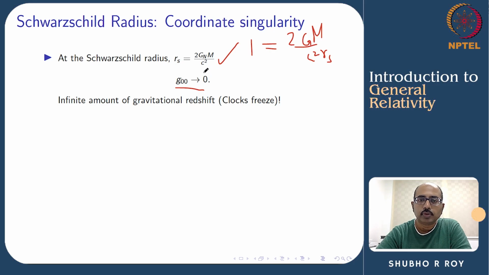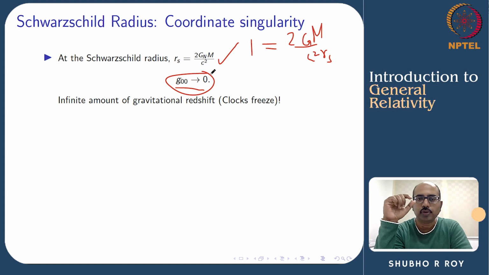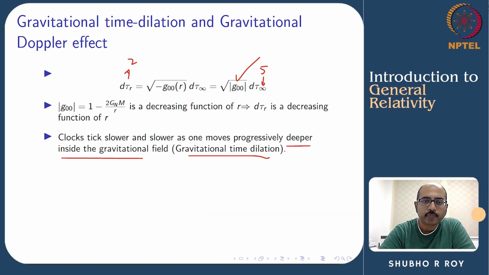Okay, so G00, if you remember from the gravitational redshift formula, tells you that if you have a clock at infinity and it records some time, the time recorded by the clock at location r is related to the time at infinity by a factor of root G00. Let me just remind you about the formula.